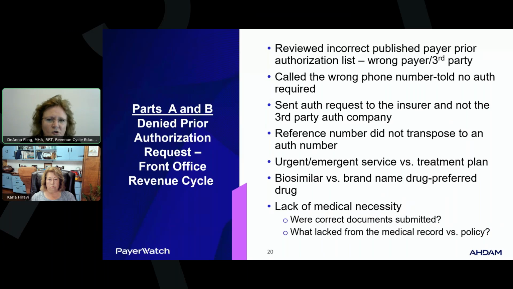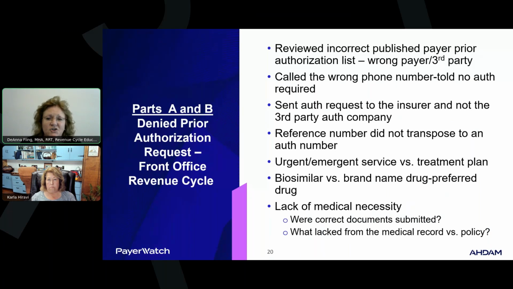I see insurers now approving auth requests without a medical review, probably because of staffing issues on their end. And for those working with prior auths for drugs, be sure to double check the medical policy, while there is a big push at the insurance level to use biosimilars.